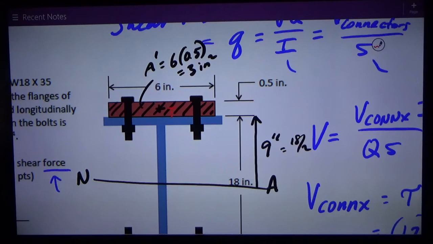So I've got this distance right here, which is 0.25 inches, half the thickness of the plate. That makes Y bar prime this distance right here, which is equal to 9 plus 0.25 inches, 9.25.